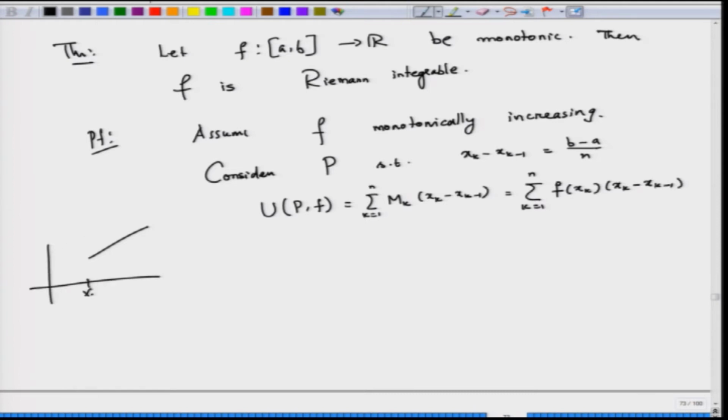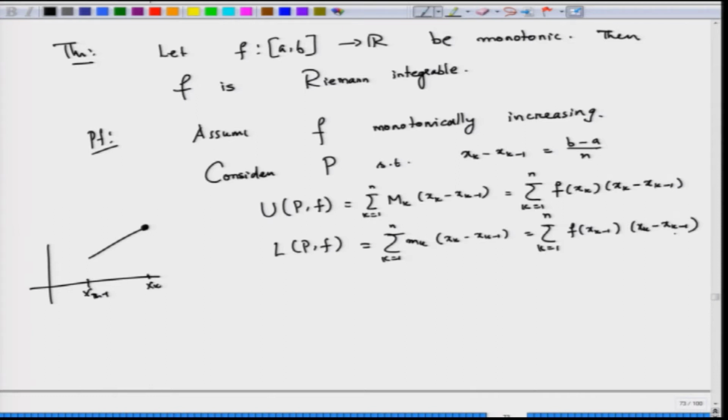So, here it is x_{k-1}, here it is x_k, and at x_k, f is going to take the maximum value. Now L_P f is similarly the summation over k from 1 to n of little m_k, which is the minimum value, because we are assuming this to be an increasing function. So, this is f of x_{k-1} times (x_k minus x_{k-1}).